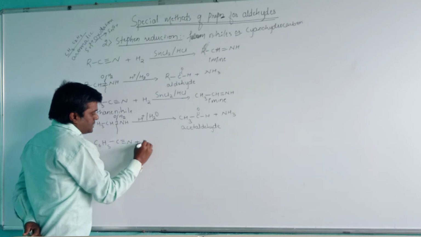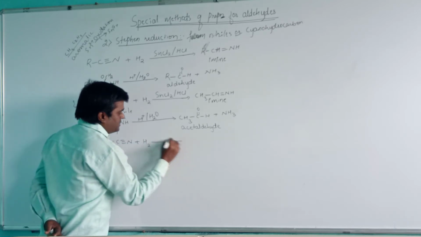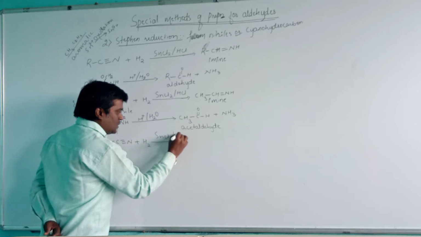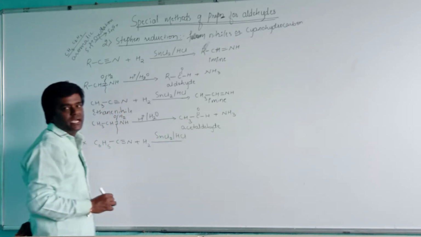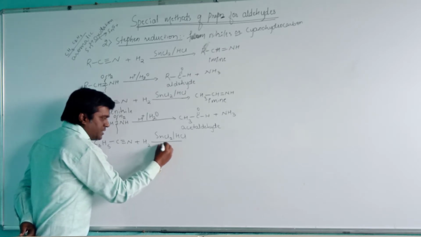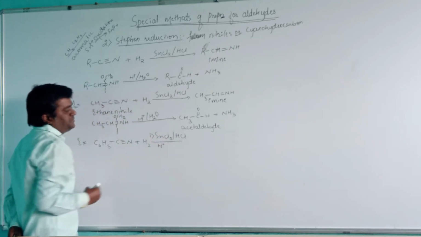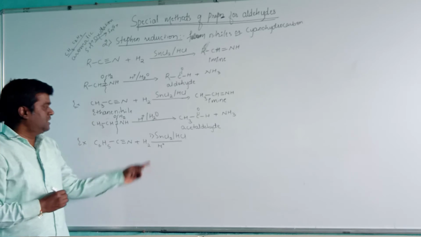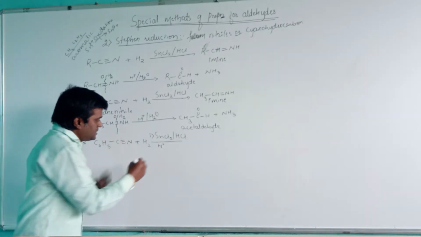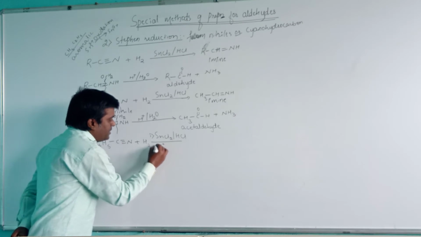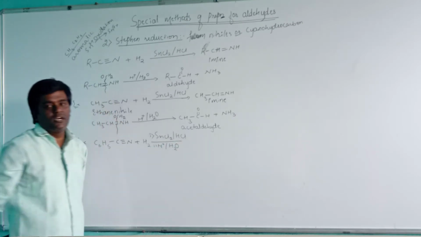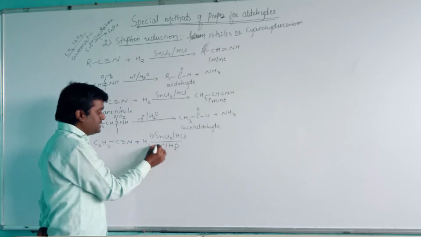When it undergoes reduction in the presence of stannous chloride and hydrochloric acid, we can also write here the steps. First one, we are carrying out the reduction in the presence of stannous chloride and hydrochloric acid, and in the second step we are carrying out the acid hydrolysis in the presence of water, that is in the presence of acid.